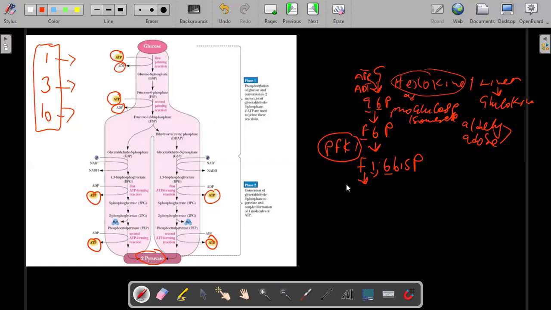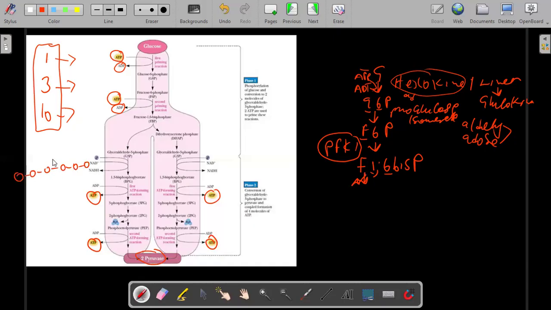For step number 4, you're converting this fructose 1,6-bisphosphate to 2 molecules. It's a 6-carbon molecule: 1, 2, 3, 4, 5, 6.